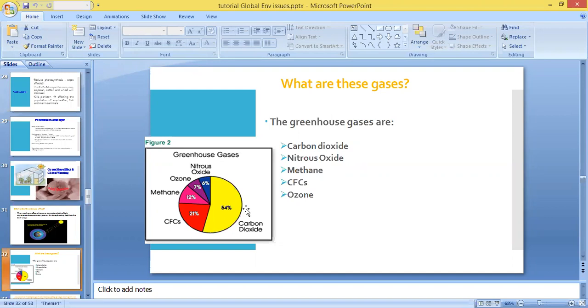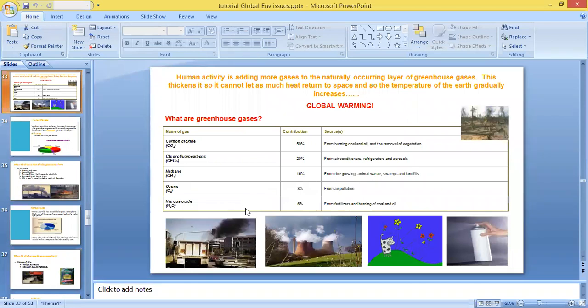So that is why this is a serious challenge. Human activity is adding more gases to the naturally occurring layer of greenhouse gases. This thickens it so it cannot let as much heat return to space, and so temperature rises gradually.